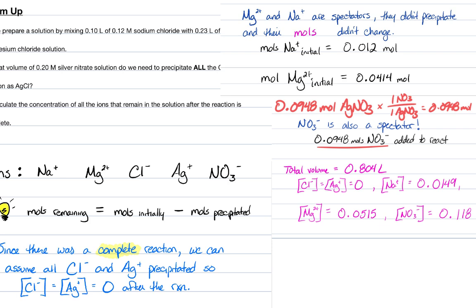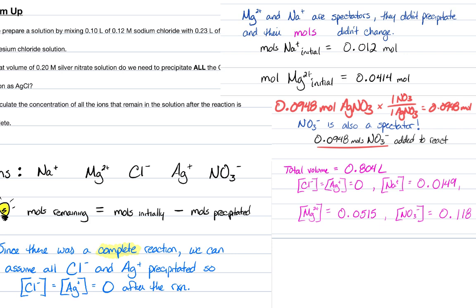All right, so we got our moles of sodium, our moles of magnesium, our moles of nitrate, and of course our moles of chloride and silver. And now we're ready to do concentrations. So we're just doing moles over volume. Total volume here is 804 milliliters, or 0.804 liters.